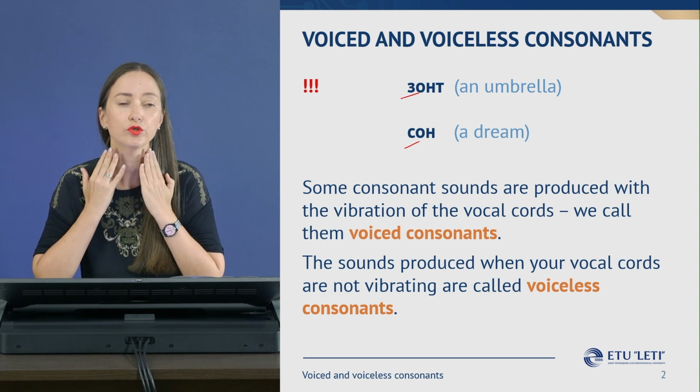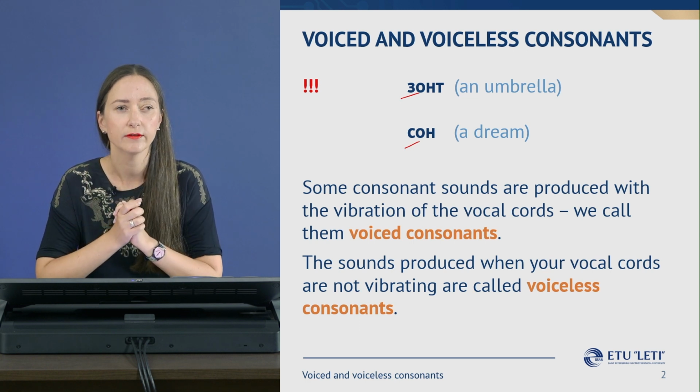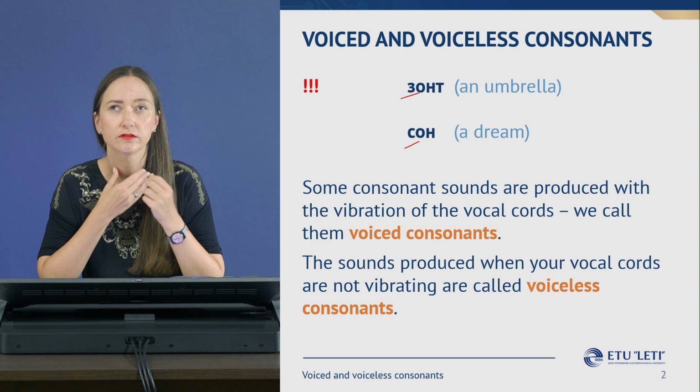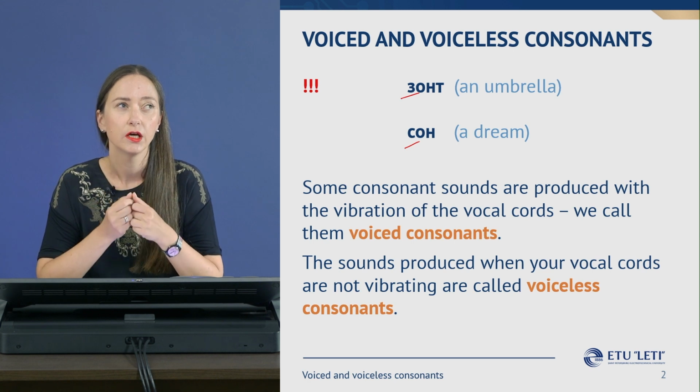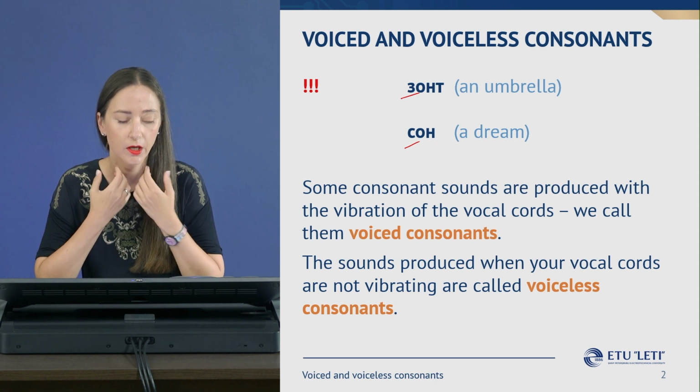Touch your neck, put your hands right here on your neck, and try to say the letter z, z, z. You will be able to feel that your vocal cords are vibrating. Z, zont, zont, right?